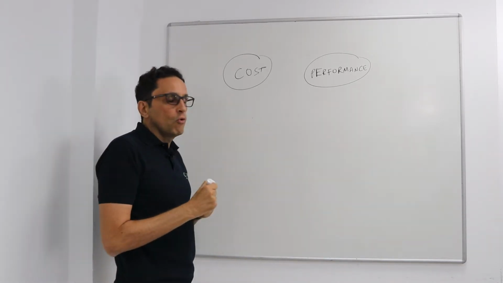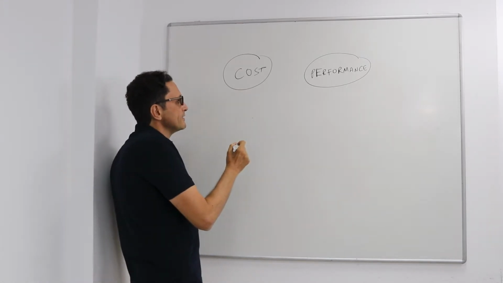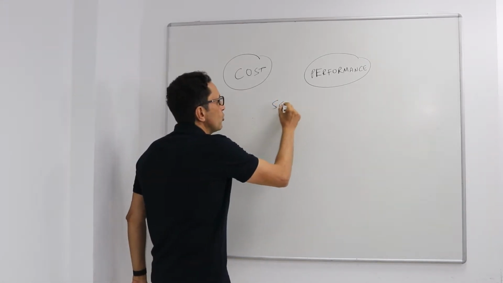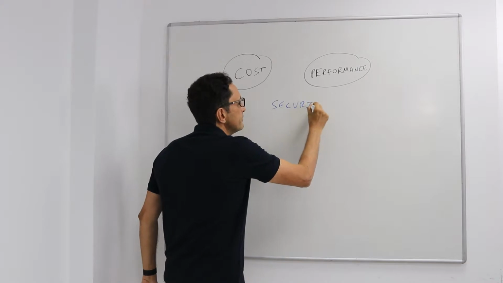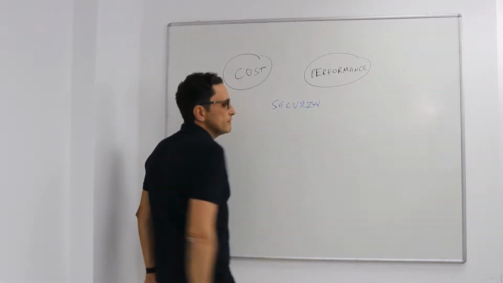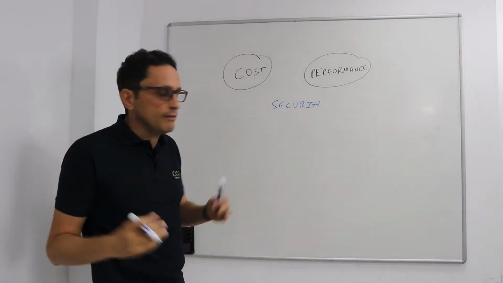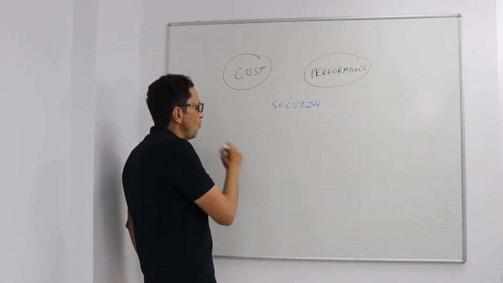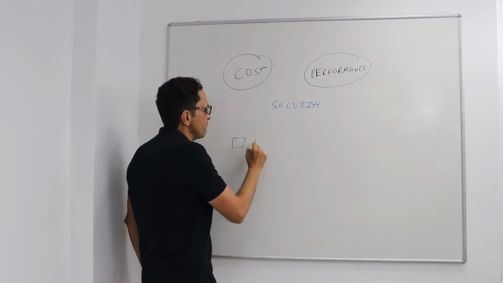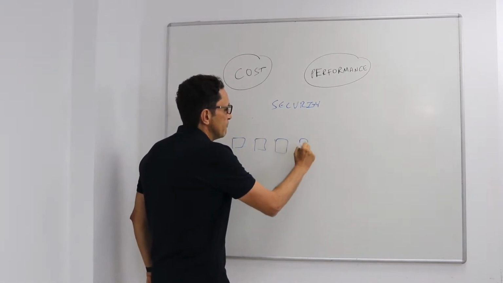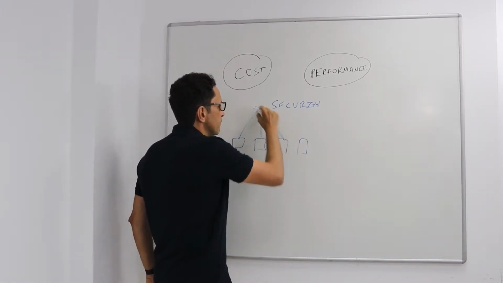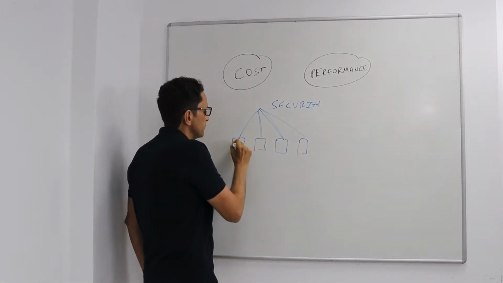Okay, so the next question we would ask is how you secure. What is the security architecture that the customer is using, right? And we know that there are basically two fundamental scenarios. One is that you have a firewall in every location. Okay?